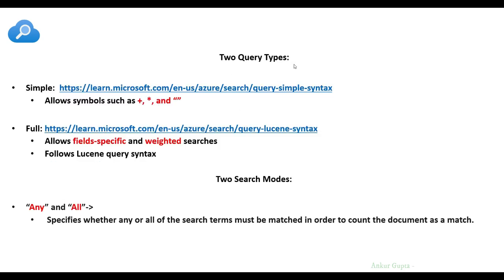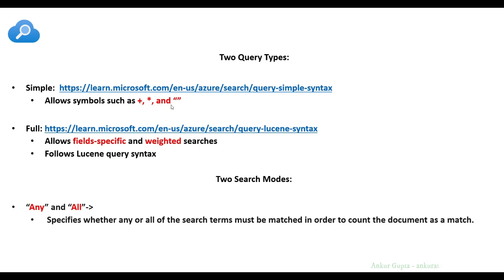Now there are two types of queries that you can do on your index, the simple query and a full query. A simple query just does a simple search across all your documents, and you can use symbols like plus, star, and or to search across all the documents.